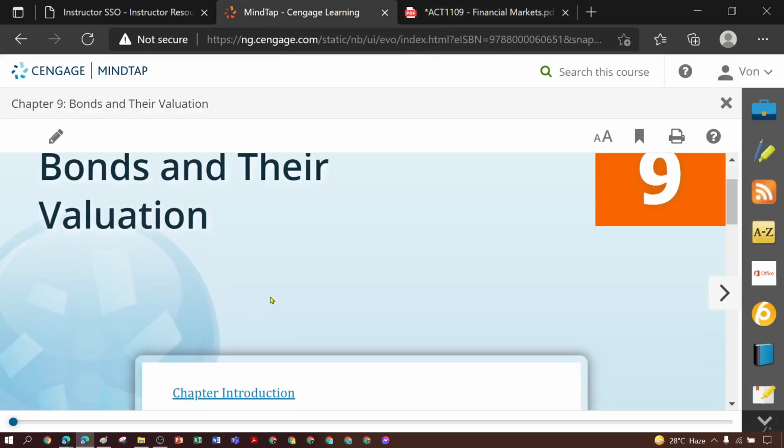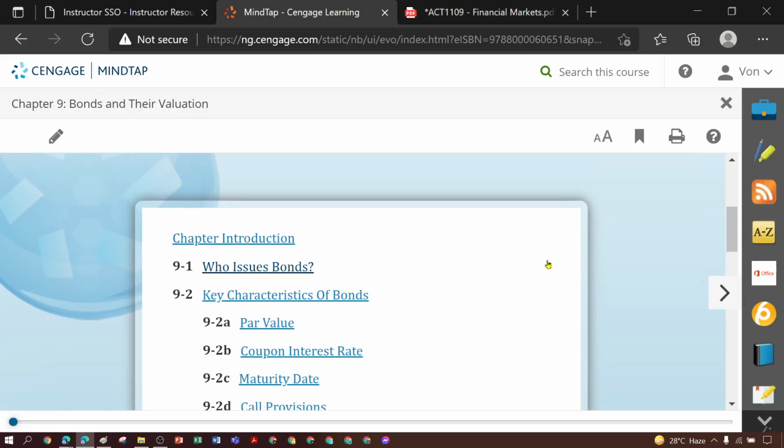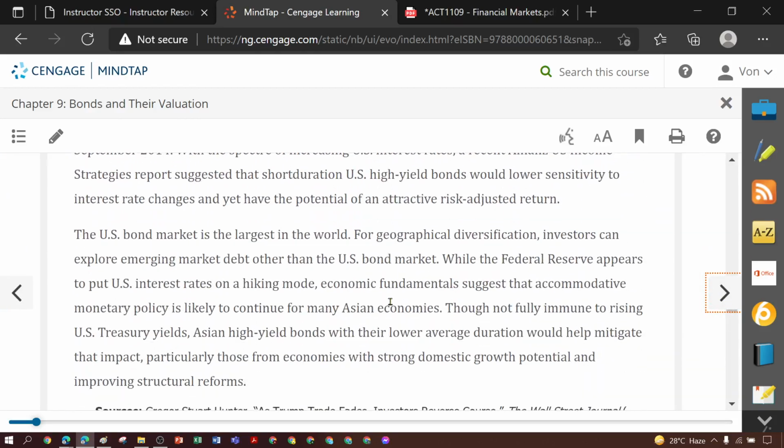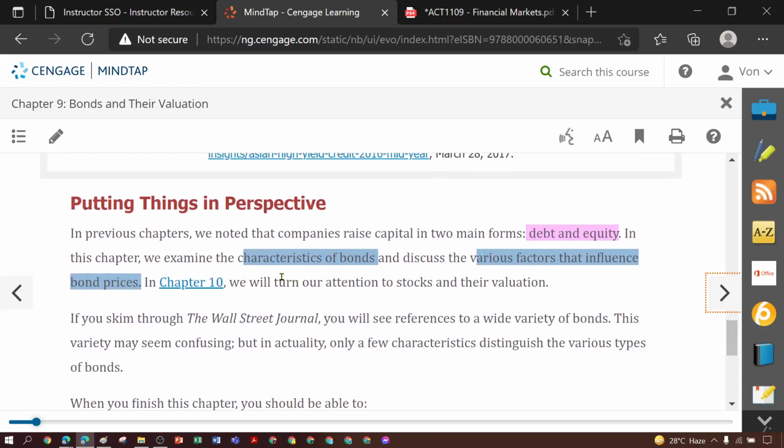Okay. So, daanan natin yan dito, no? Start natin sa introduction. Basahin lang natin itong putting things in perspective. In previous chapters, we noted that companies raise capital in two main forms, debt and equity. Binanggit na natin last time na sa debt and sa equity, kumukuha ng capital ang isang company.